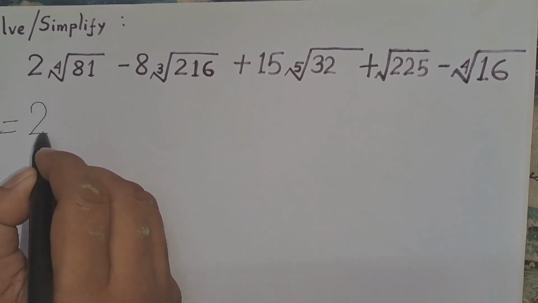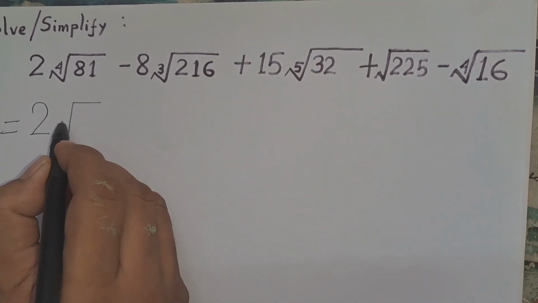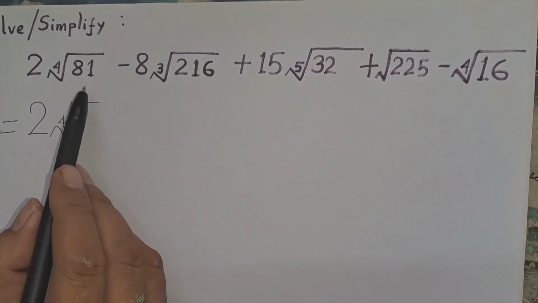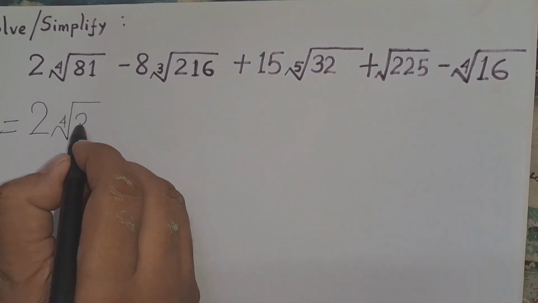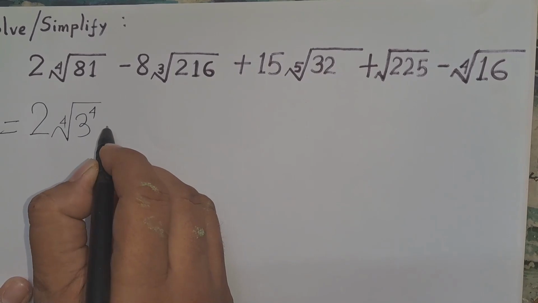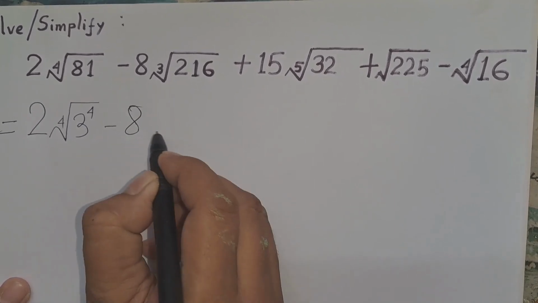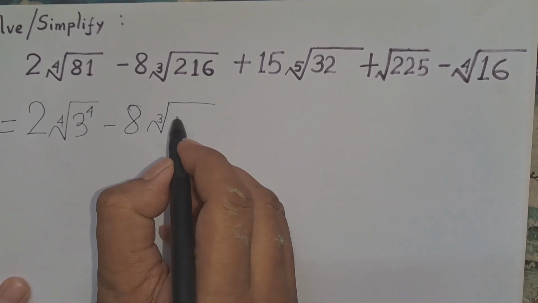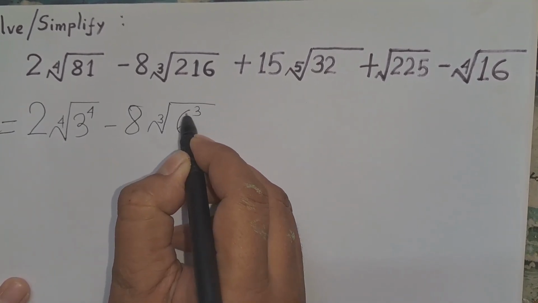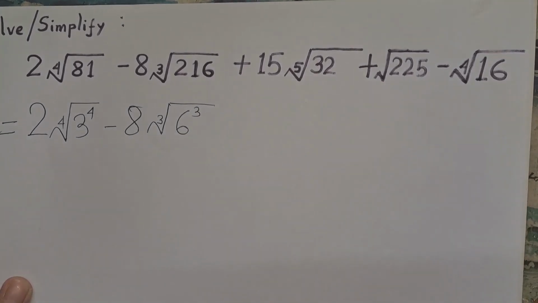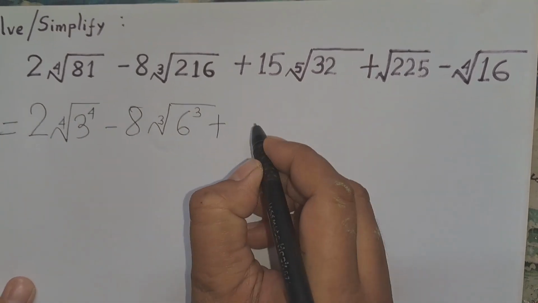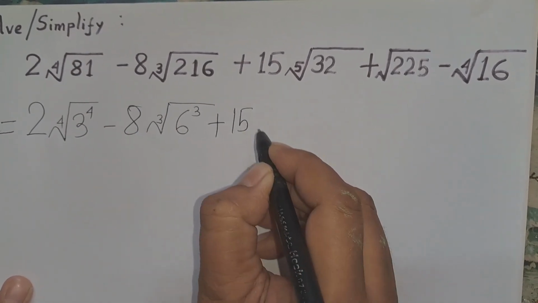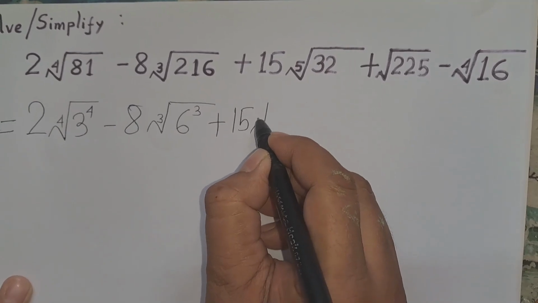Now simplify. 2 into 4th root of 81. So 4th root means the power will be 1 by 4. So I will have to write 81 as someone's power to the power 4. So 3 to the power 4 is 81. And cube root 216. You know 6 cube is 216, plus 15.